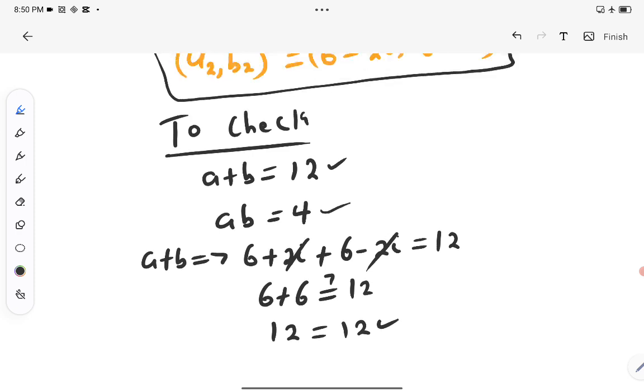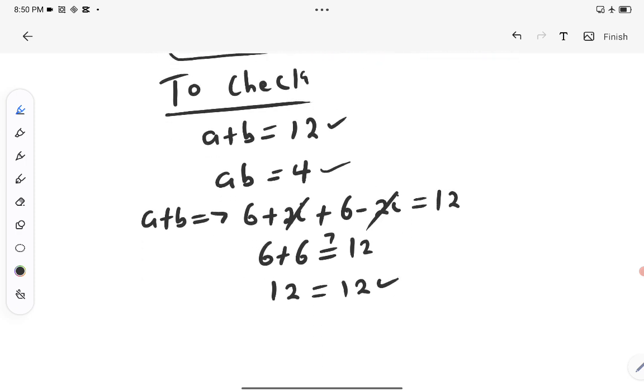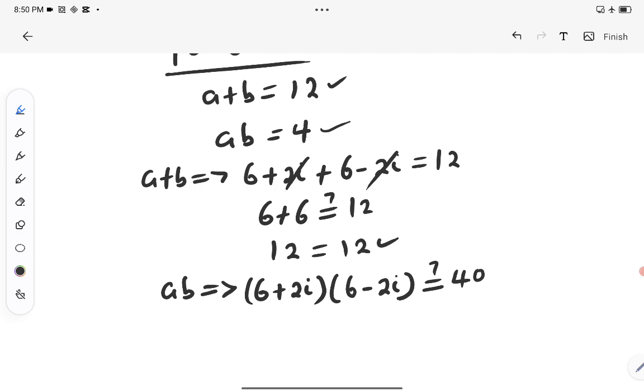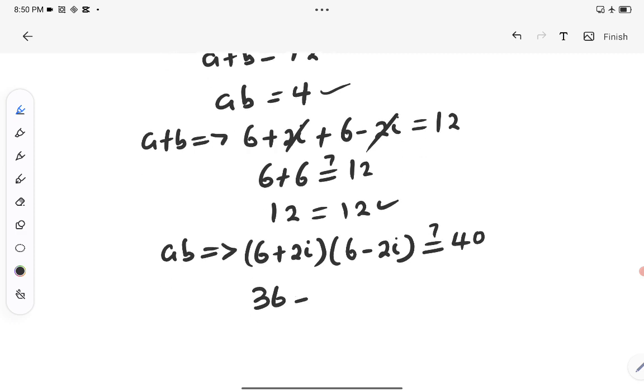Also, let's consider this. AB, this is 6 plus 2I multiplied by 6 minus 2I, must be equal to 40. Then 6 times 6, this is 36, minus 6 times 2I, this is 12I, plus 2I times 6, 12I.